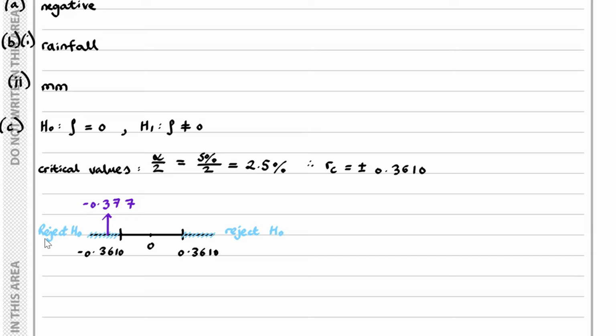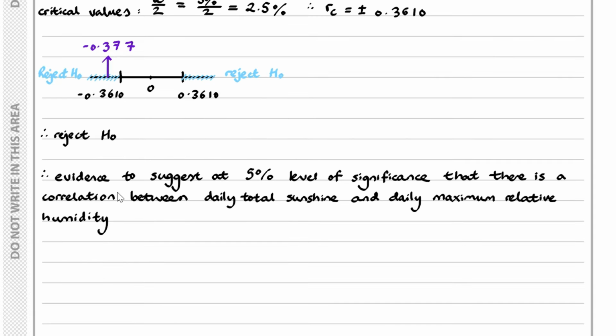We're in the region where we would reject H0. So therefore, we reject H0. And therefore, there is evidence to suggest at the 5% level of significance that there is a correlation between daily total sunshine and daily maximum relative humidity.